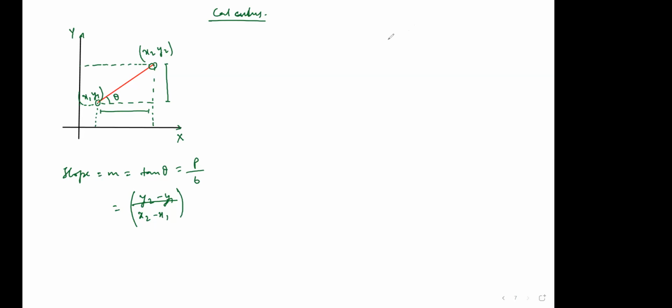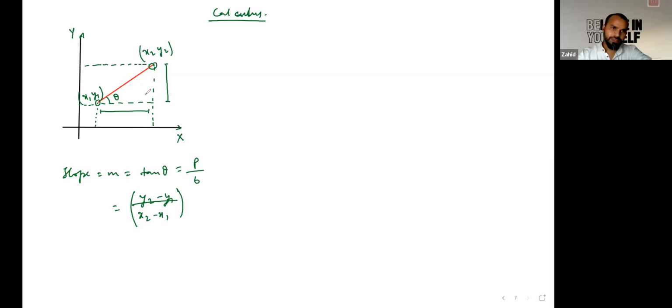Yes, sir. The next part we wish to calculate for this line is the area inscribed by that line with respect to the x-axis. So let's say it is like this. Drop this line to the x-axis. So the area inscribed would be like this, which is just a trapezium. The area of a trapezium is half the sum of parallel sides times the perpendicular separation between them.